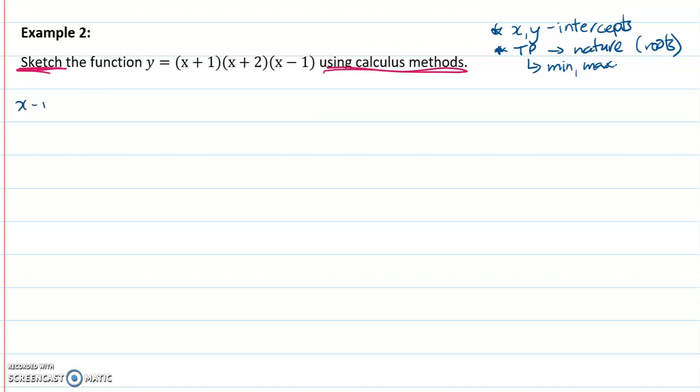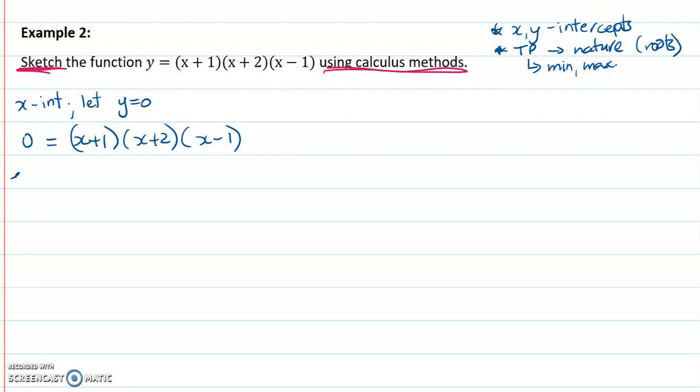Now, as with everything, to find our x-intercept, we let y equal 0. So what we end up with is 0 is equal to x plus 1 into x plus 2 into x minus 1.